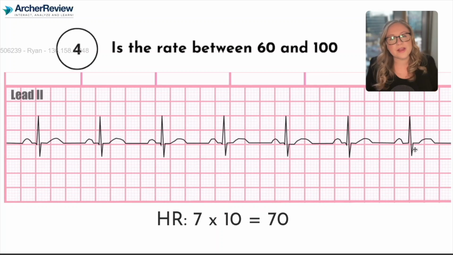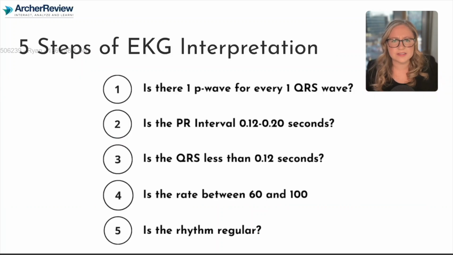My heart rate for this client is 70. Now, of course, keep in mind that normal heart rates vary for different age groups. For adults, we want the heart rate to be 60 to 100. That's going to be our normal rate. And that's the 4th thing we look at in our EKG interpretation.